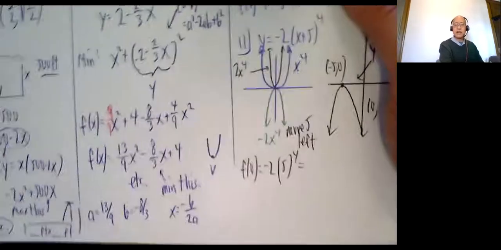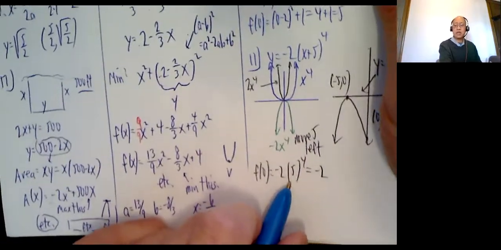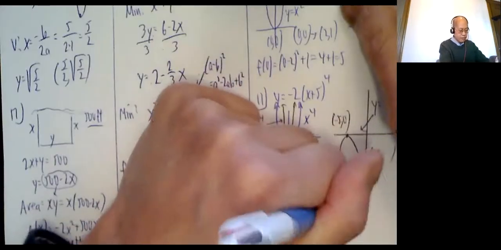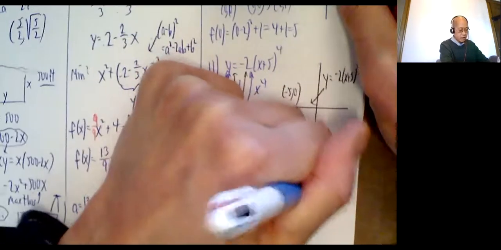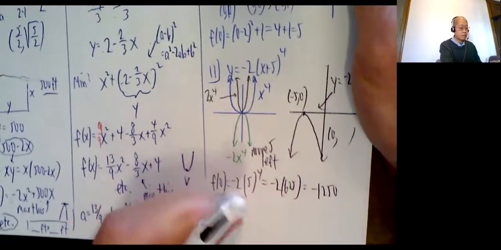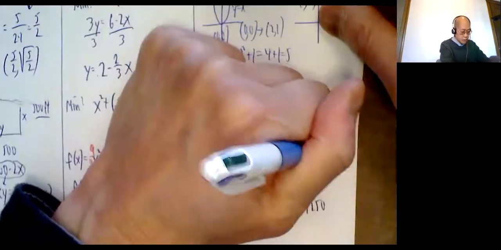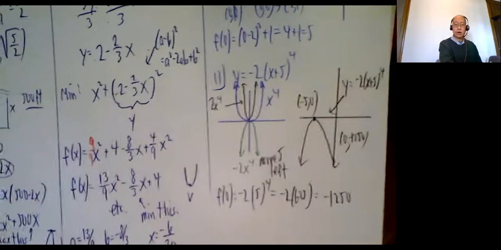And that's a really big negative number. 5 to the 4th, 5 times 5 times 5 times 5, you can just use your calculator for something like that. That comes out to be 625. And -2 times 625 is -1250. This is not even to scale. It's actually way down here, but that's okay. So -1250 is what I'm going to put there.